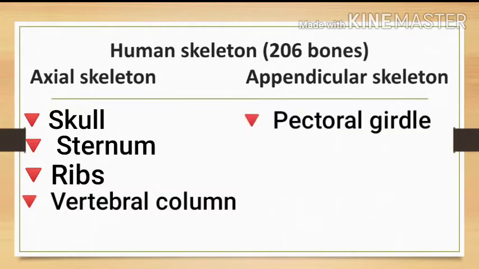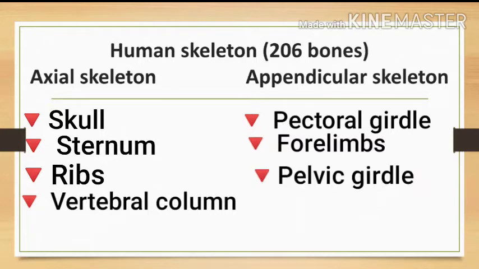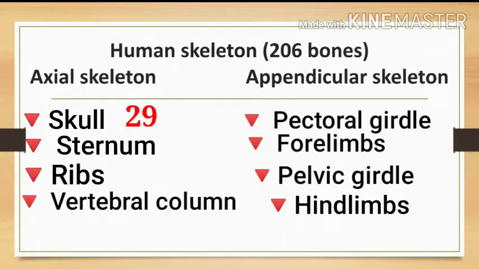Pectoral girdle, forelimbs, pelvic girdle, hind limbs are the bones in the appendicular skeleton. There are 29 bones in the skull. In sternum, 1. Sternum is also known as chest bone.